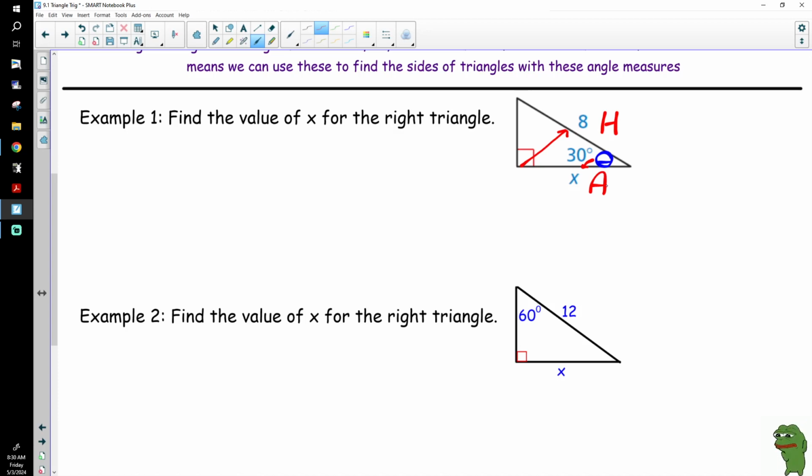After, we need to figure out, am I going to use sine, cosine, or tangent? In my mind, I picture SOHCAHTOA. I'm going to write it out.